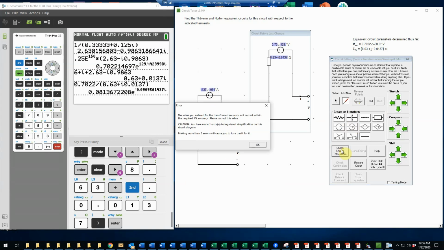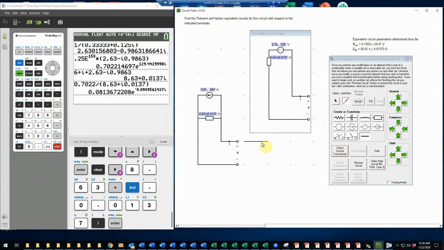So I'm going to check that source transformation. Okay, so it doesn't like my value, so let's see what happened here. 0.7022. Oh, I simply forgot the angle. Okay, so I made a silly mistake there. So I'm just going to go back and patch that up here.